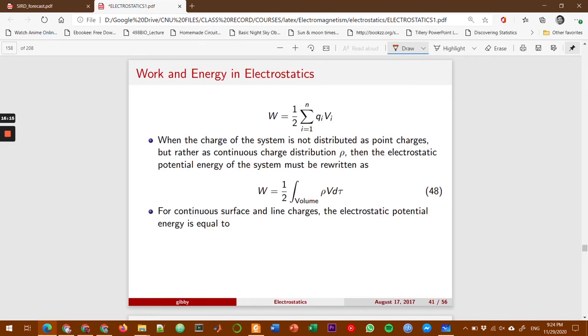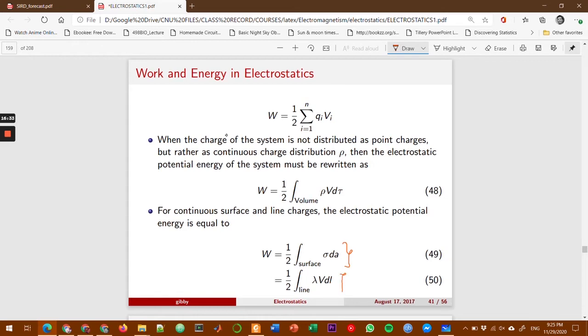For continuous surface and line charges, we have the counterpart for finding the work needed to assemble charges distributed over an area and over a line, where sigma is your surface charge density and lambda is your line charge per unit length.